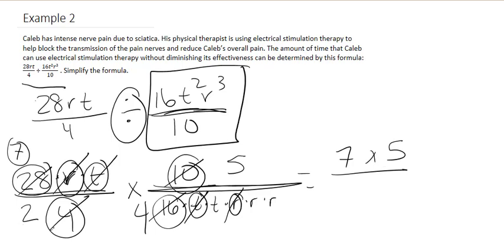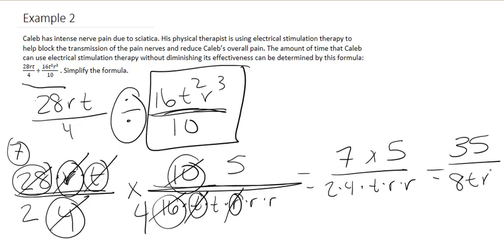Now we have 2 times 4 times t times r times r. So this gets us to 35 on the top divided by 8tr squared. So this is our solution.